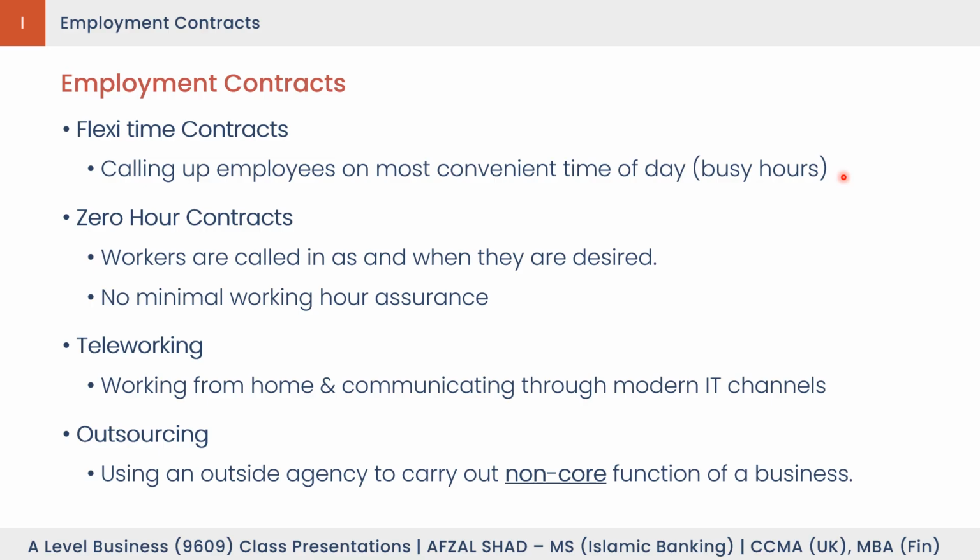So flexi time contract gives flexibility to the workers that if they want to come, they should be there in the busy hours mainly, but on the alternative they can adjust themselves. For example, the busy hour for a restaurant is during dinner and during the night, but in the mornings they are not busy enough.